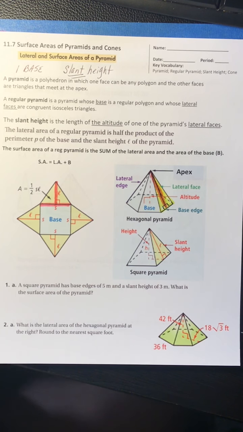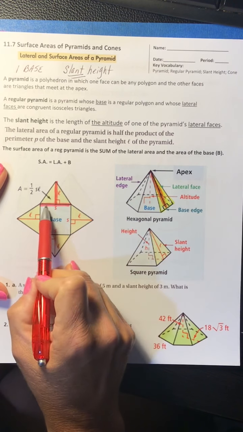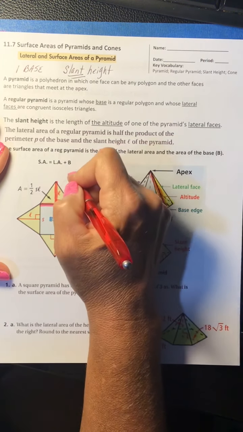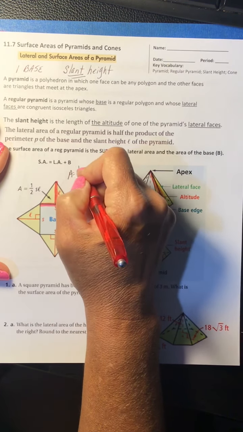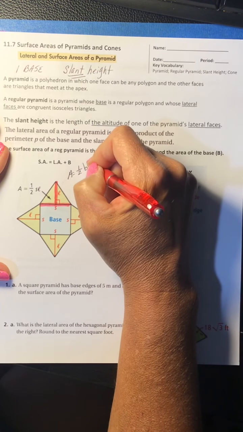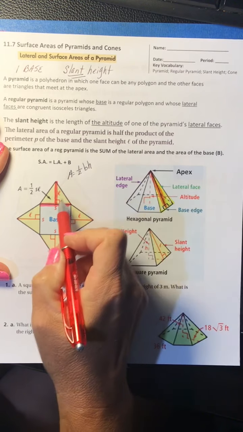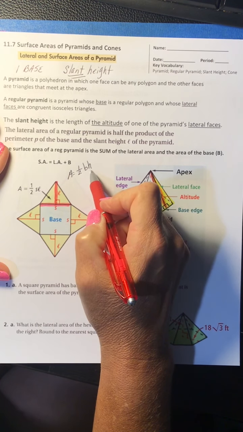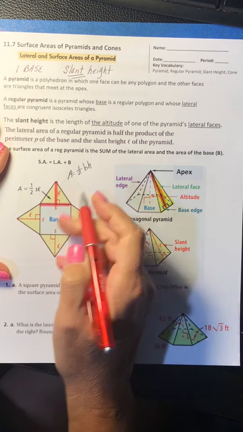And just like the last video, I said there's two ways we could do that. We could find the area of one triangle, and we know that the area of a triangle is 1/2 the base times the height. And in this case, this height is this slant height.